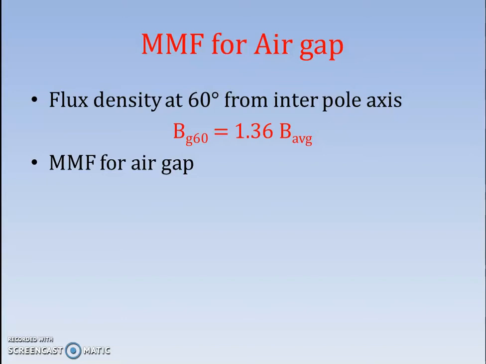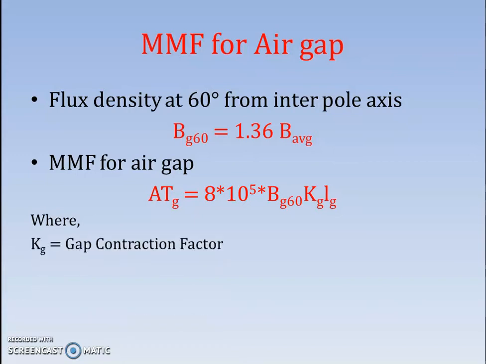The ampere turns for the gap, AT suffix G, can be calculated based on the flux density at 60 degrees: 8 multiplied by 10 raised to 5, multiplied by the flux density at 60 degrees, multiplied by Kg and multiplied by Lg, where Kg is the gap contraction factor and Lg is the air gap length.